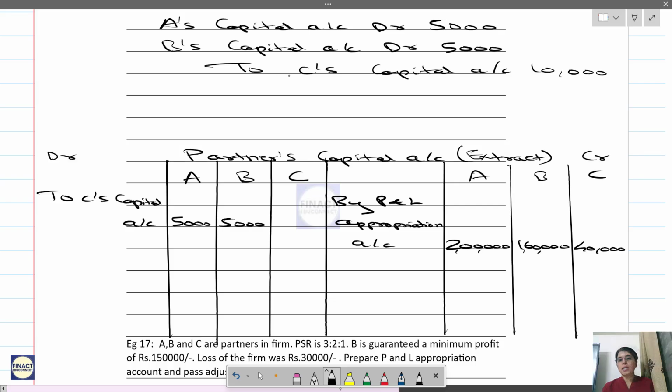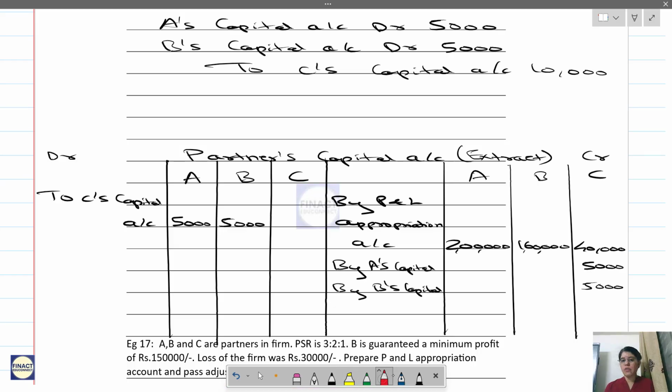Now C's capital account is credited because of whom? Because of A and B. So on C's capital account credit side, by A's capital, by B's capital account, in C's column on the credit side, we will write 5,000. Now there will be a lot of other entries in the capital account, but we will just see the net effect here.